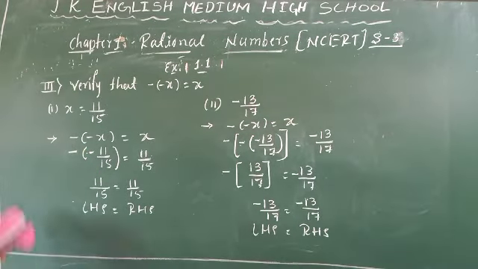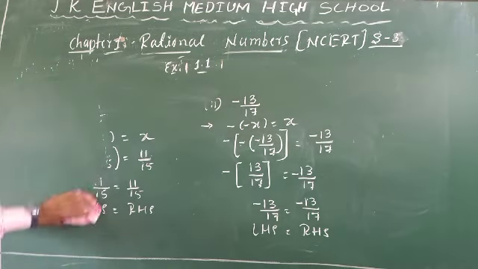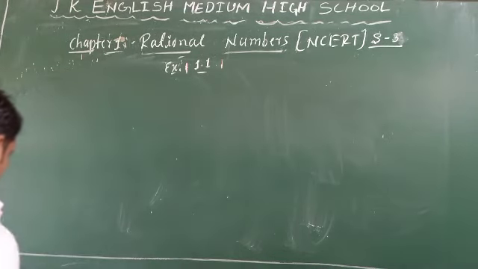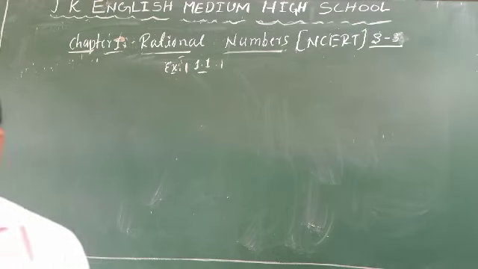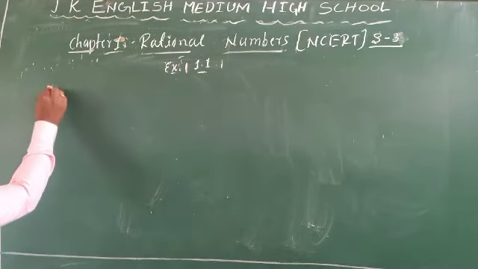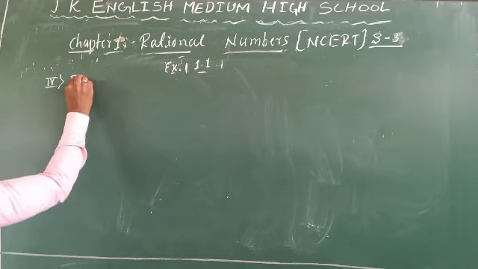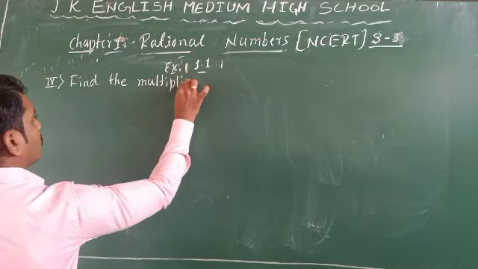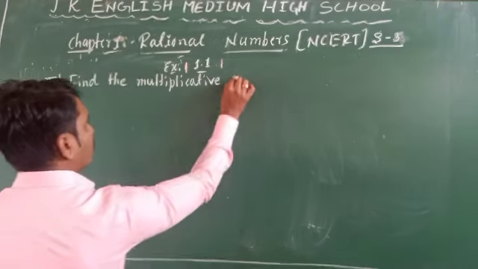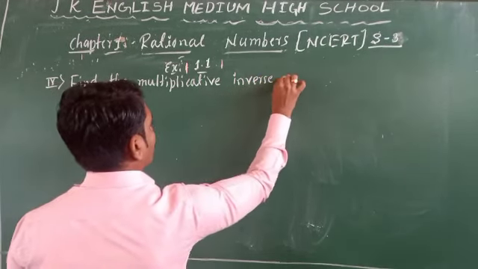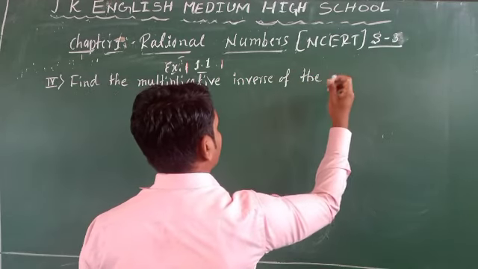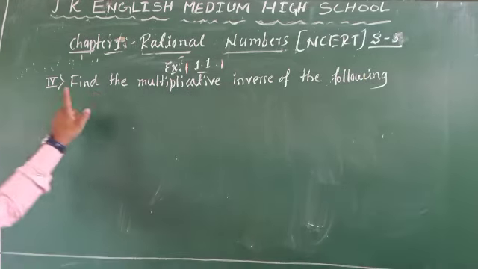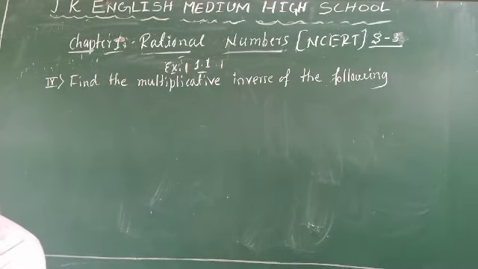Next one is fourth main. The fourth main is find the multiplicative inverse of the following.